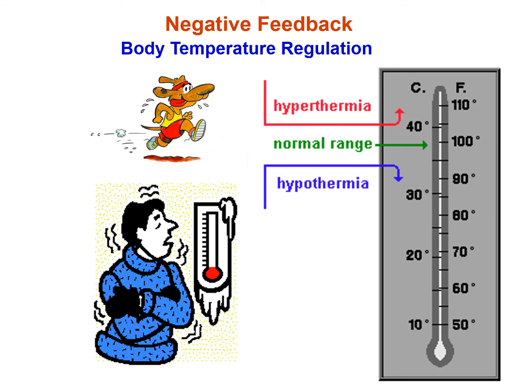If your body temperature gets too high, you begin to sweat. Once you cool off, you stop sweating. Or if your body temperature gets too cold, you begin to shiver. Shivering is your muscles' way of giving off heat. And then when your body temperature rises again, you stop shivering. So with negative feedback, something turns on and something else turns off.